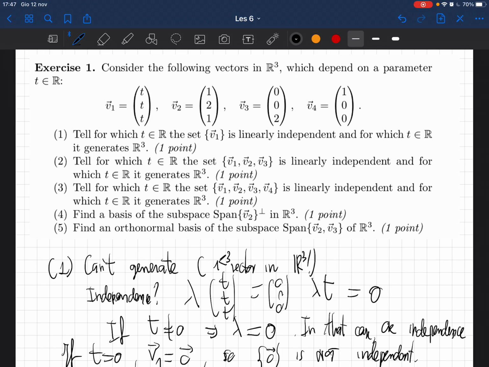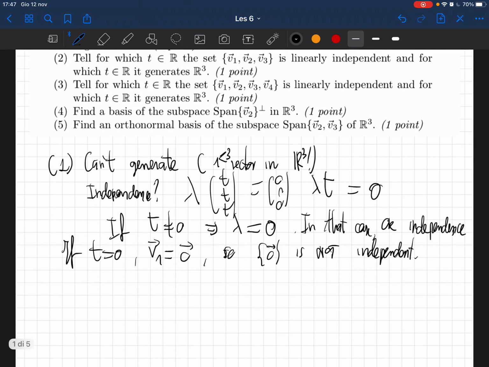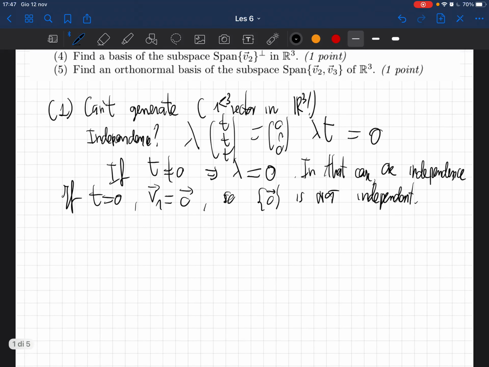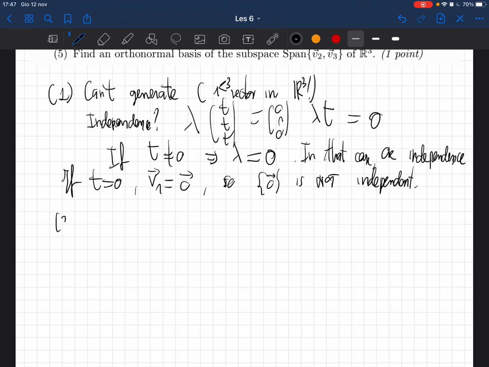Let's see the second. We're taking these three vectors and we're asking whether they are linearly independent or whether they generate. And you know that a way of doing this is to consider the matrix which has the columns given by these three vectors.